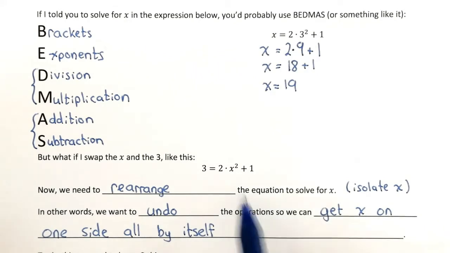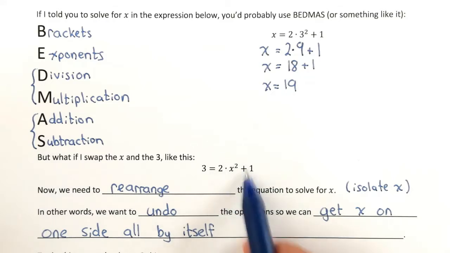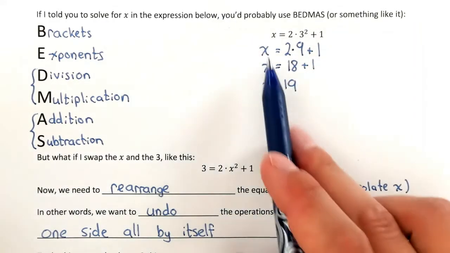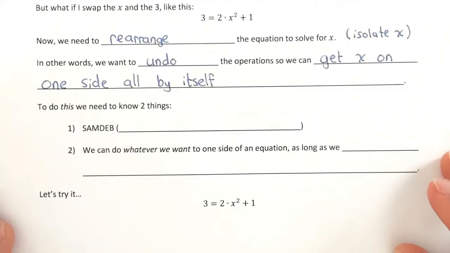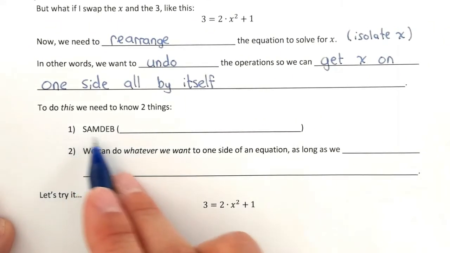So the thing we're really trying to do here is, before I can go any further with this, I need to get x isolated. It's got all this math that's being done to it, and I want to undo that math. I want to sort of rescue x out of here, so it's all by itself like we had up here. In order to do that, the way I like to think of it is we need to know two things. We need to know SAM/DEB.